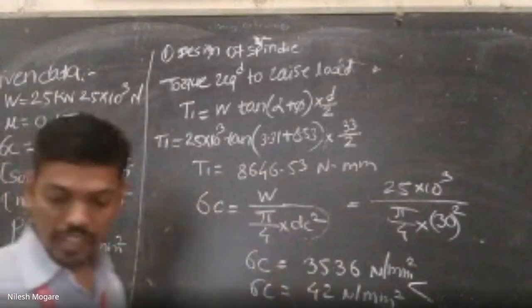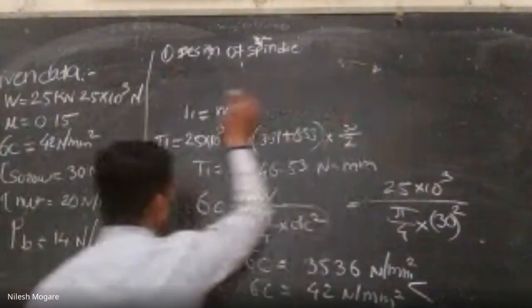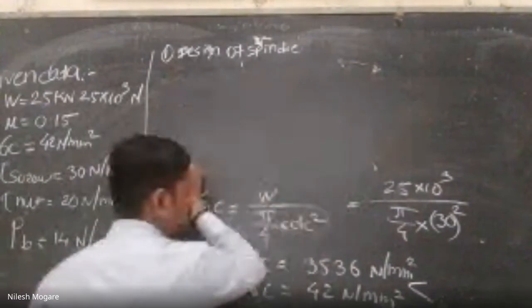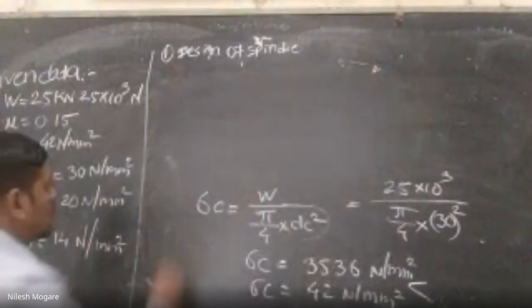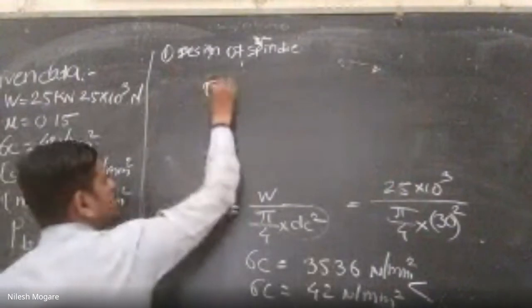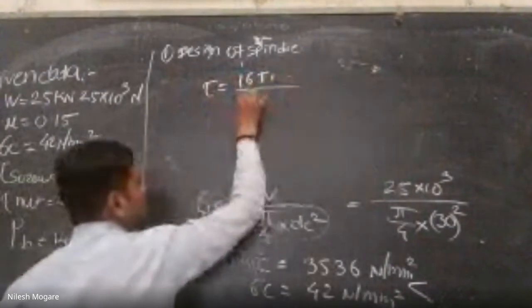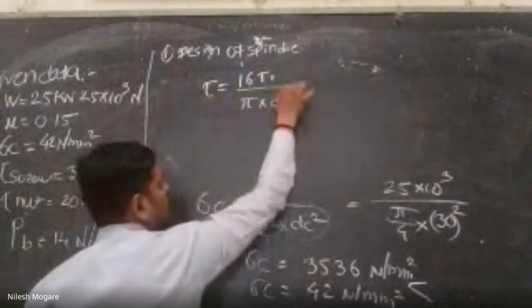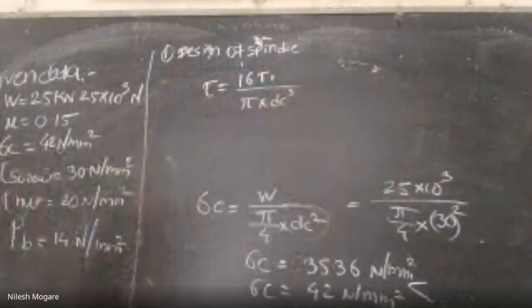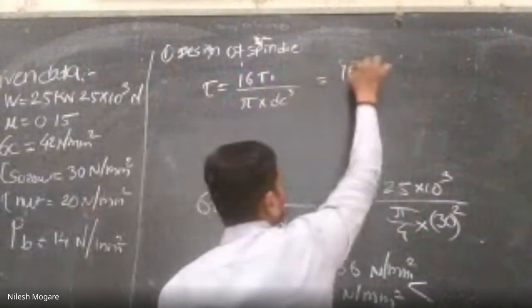Now we have to check under the torsion also. So we have torsional equation, that is tau equals 16T1 upon pi into dc cube. So that is the torsional equation. Put the value of T1 here.